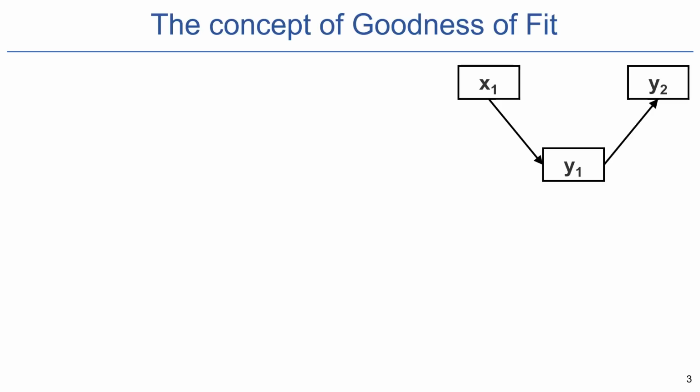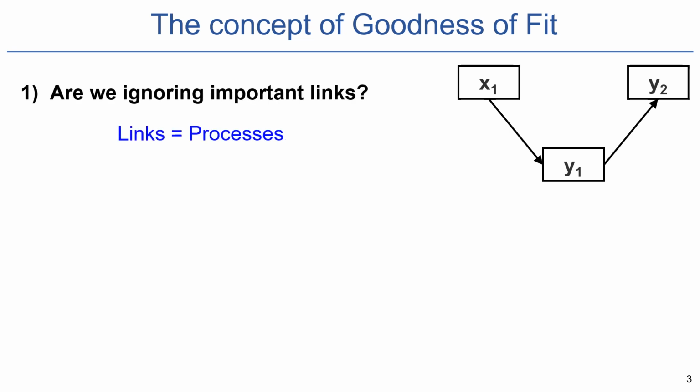First, let's recap what we already know about the goodness of fit in the covariance-based SEM. When we fit our model to the data, we assess whether our model-implied covariance matrix reproduces the observed covariance matrix. And when we fit our hypothesized model, we basically ask two questions.